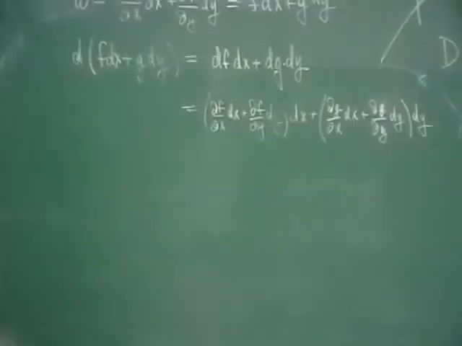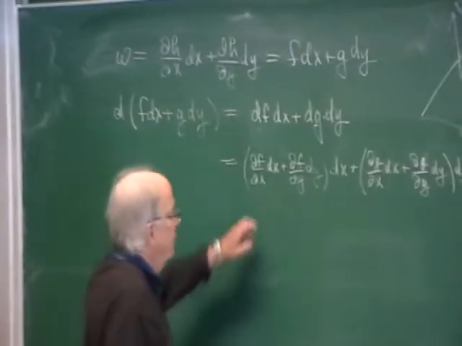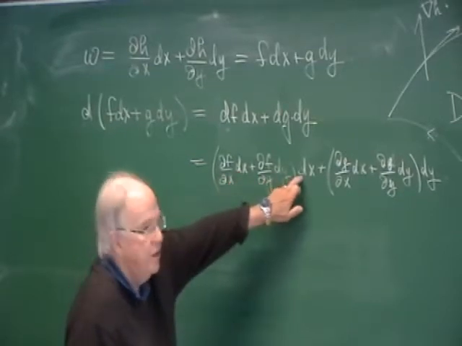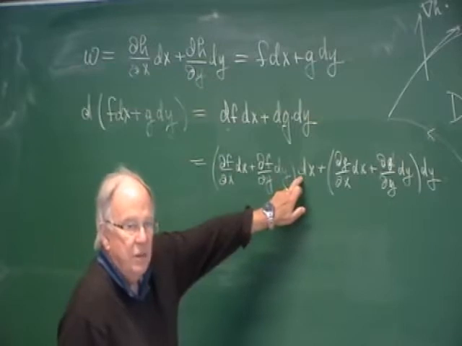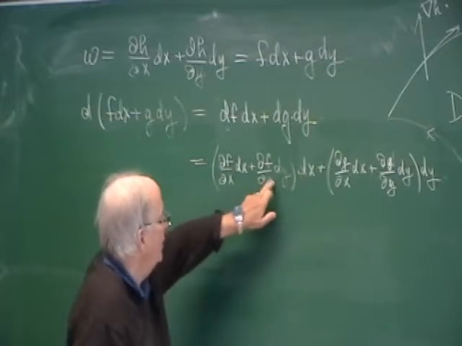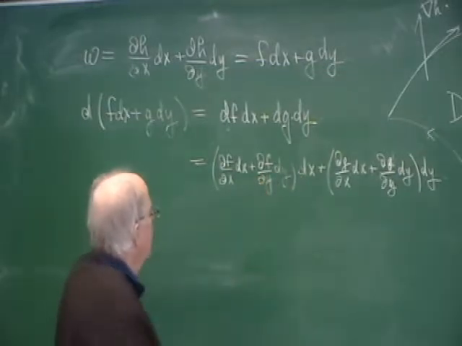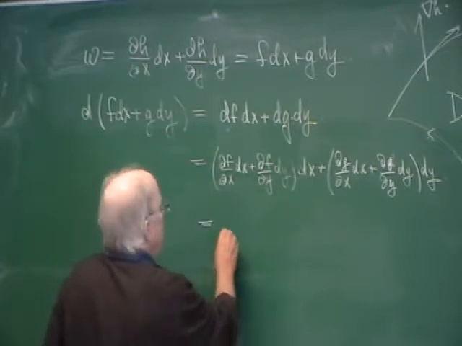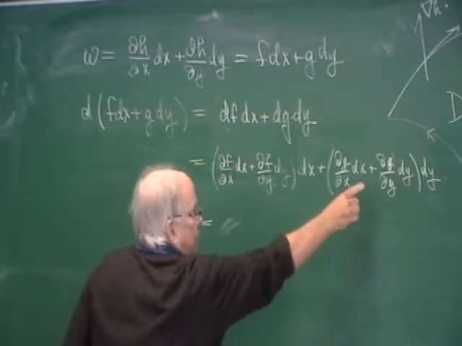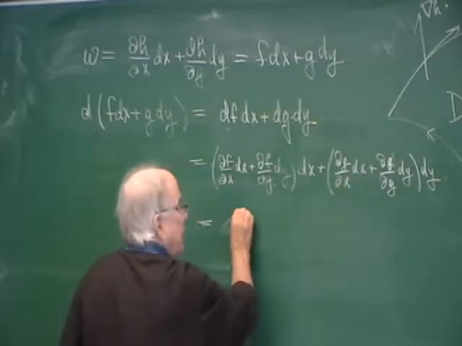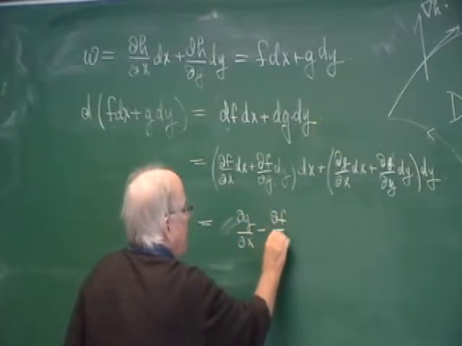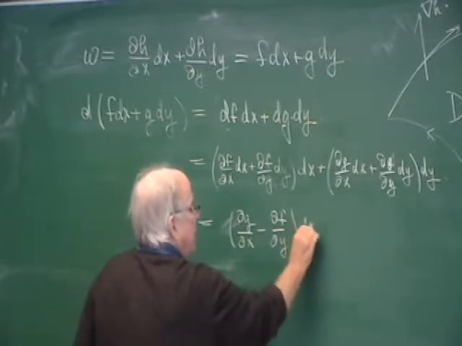Now, if you stare at that long enough, you see that this thing, when you consider it in the x direction, does not contribute. This thing has the false orientation. So actually this contributes minus this. So this is equal to, that's minus that, so I'll put plus this one, that's dx dy, so that's partial g in x minus partial f in y, dx dy.